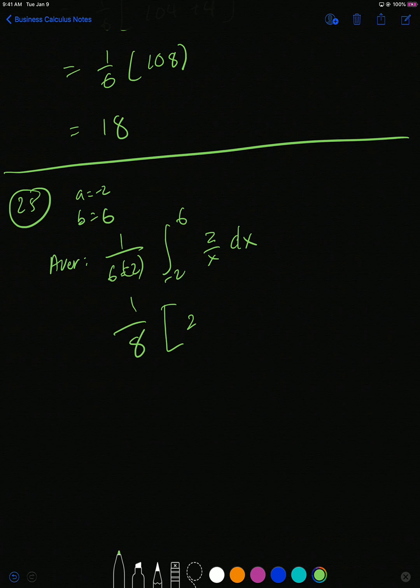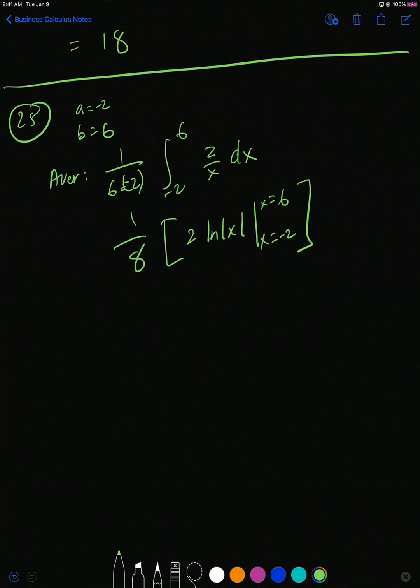The integral of 2 over x is 2 ln absolute value of x. Of course, I have to plug in 6, plug in negative 2, and subtract the 2 answers. So that's 1 over 8 times 2 ln of 6 absolute value minus 2 ln of negative 2. Absolute value of negative 2 is just 2, so it's just ln 2.